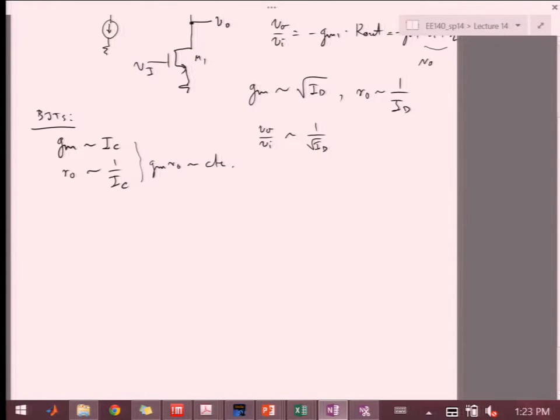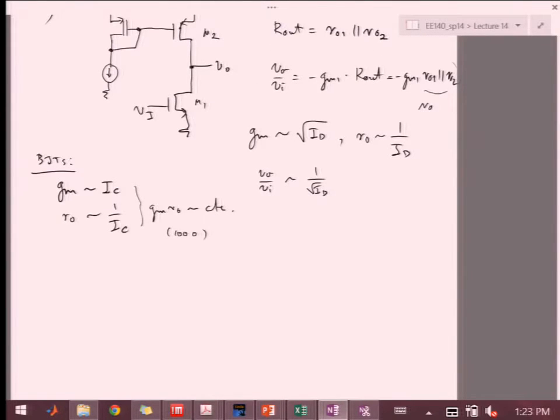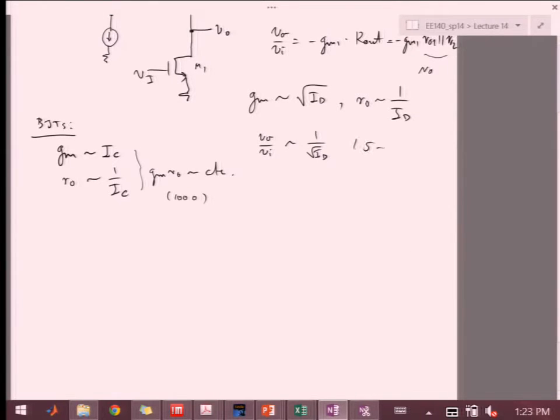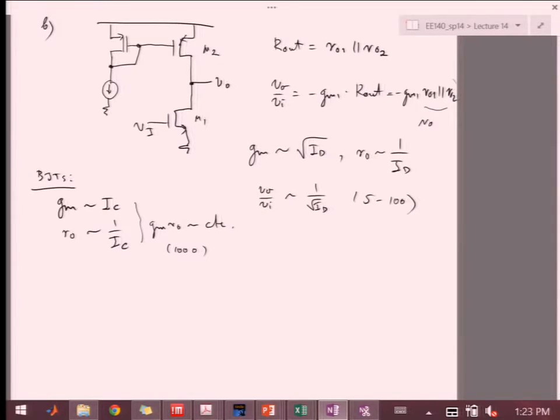So roughly independent of the IC. The range of gains we can get in bipolars from GM R0, we sort of already mentioned, was around thousands. Here, in this type of single stage, we can get maybe 5 to 100, depending on the technology node. Okay. But we have this capability that through biasing and sizing of these two, we can kind of affect the gain.